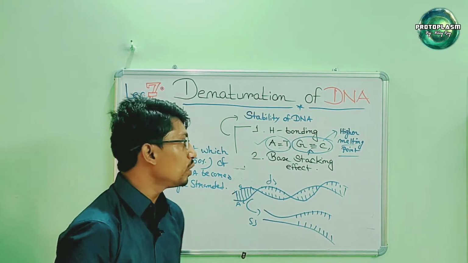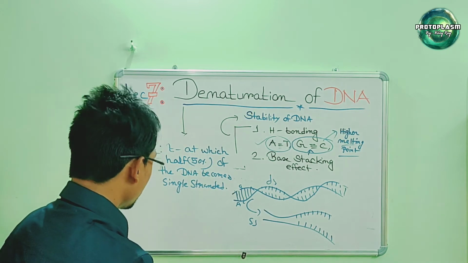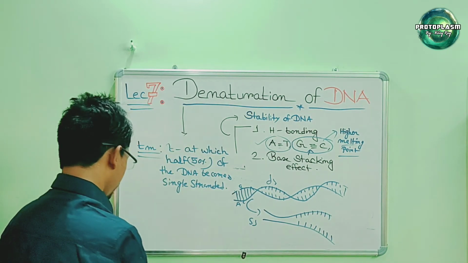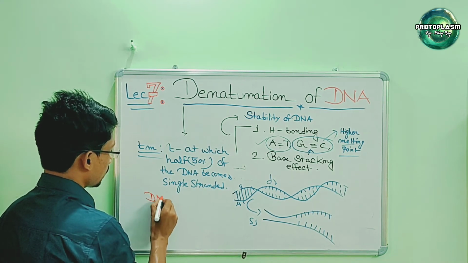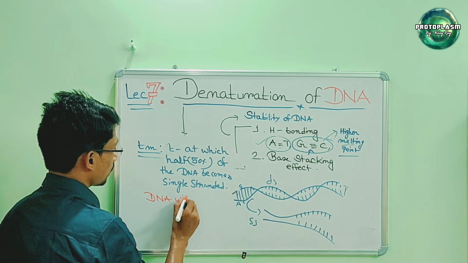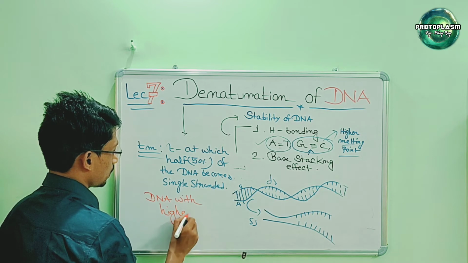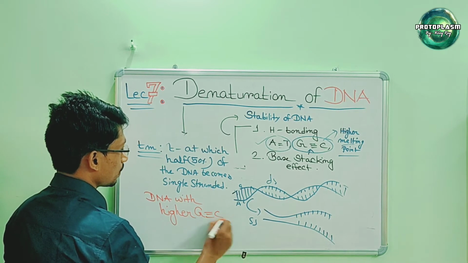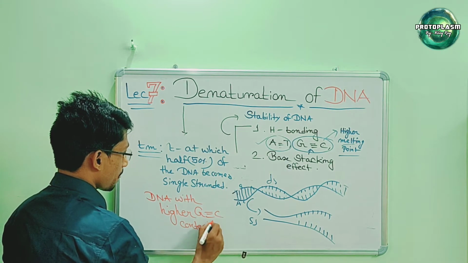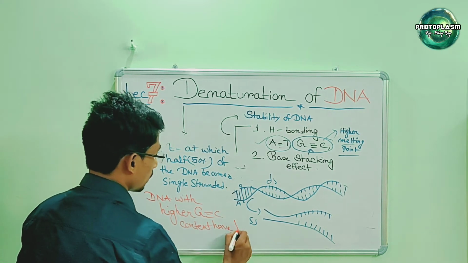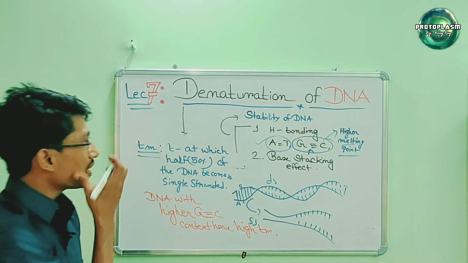Generally, DNA with higher GC content has a higher melting point. This is the basic.